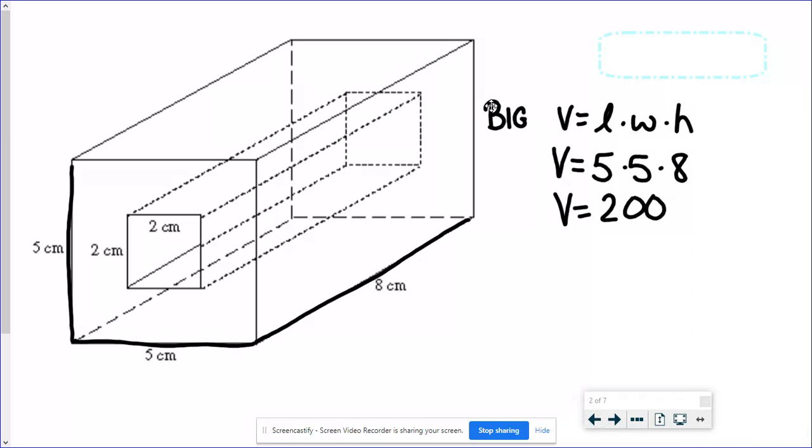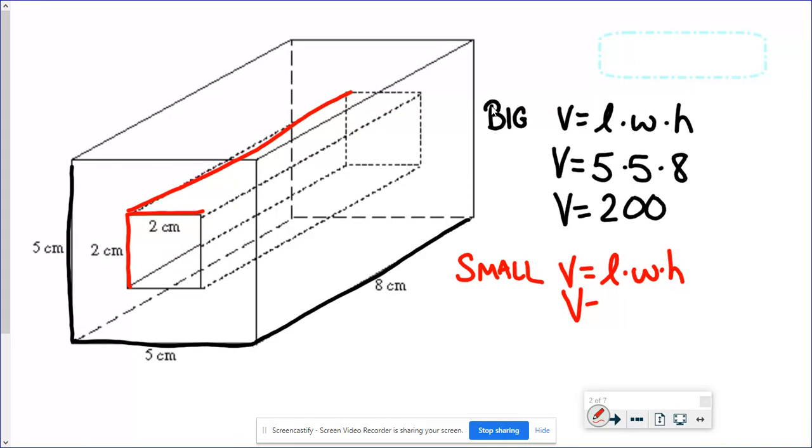For the smaller prism, this is 2 by 2, and they didn't give us a length on this one, but it's going all the way through the entire shape, which means that it will also use that same 8 centimeters. So the volume is going to be length times width times height. So 2 times 2 times 8, which would be 4 times 8 is 32.